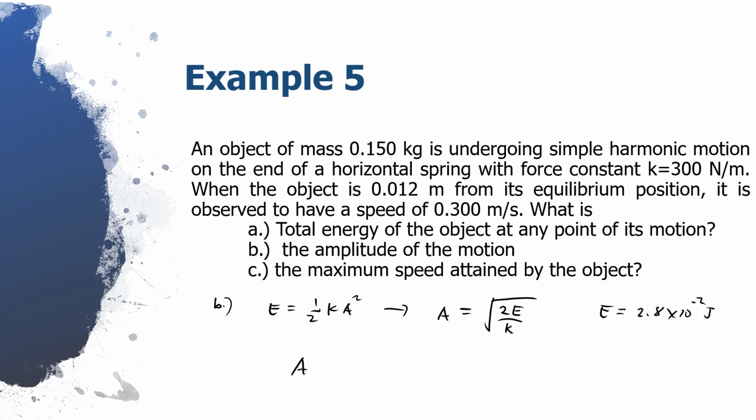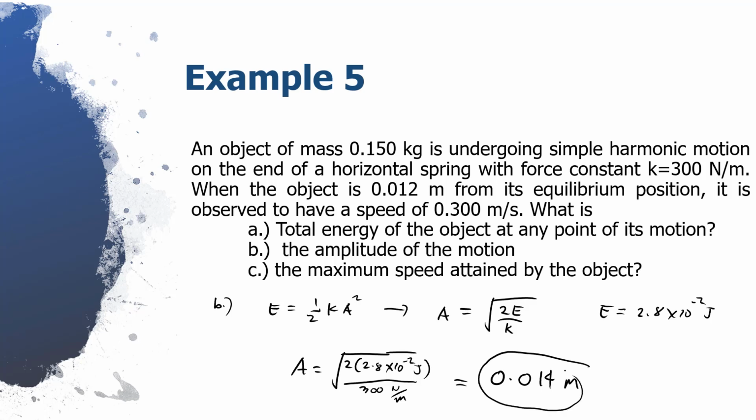So the amplitude of the motion is equal to the square root of 2 times 2.8 times 10 to the minus 2 joules over k, which is 300 newtons per meter. So A, using a calculator, is equal to 0.014 meters. So this is the amplitude of the motion.